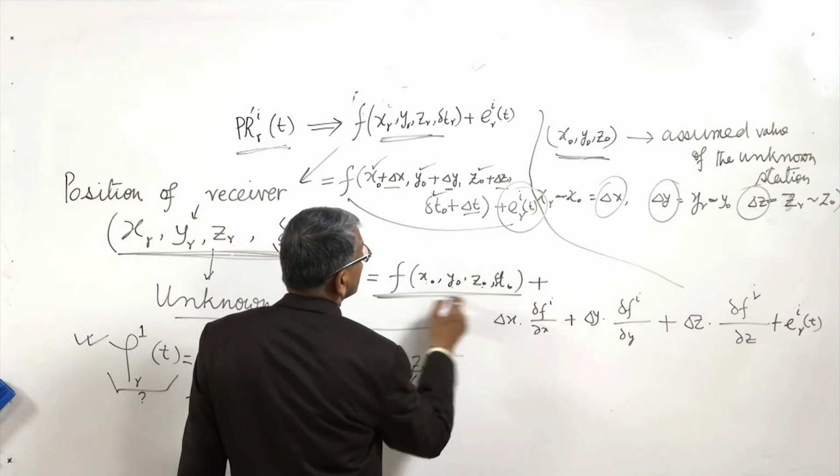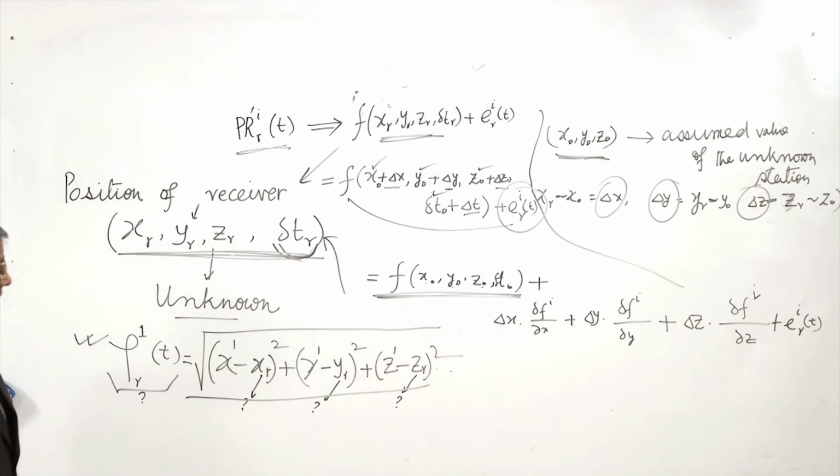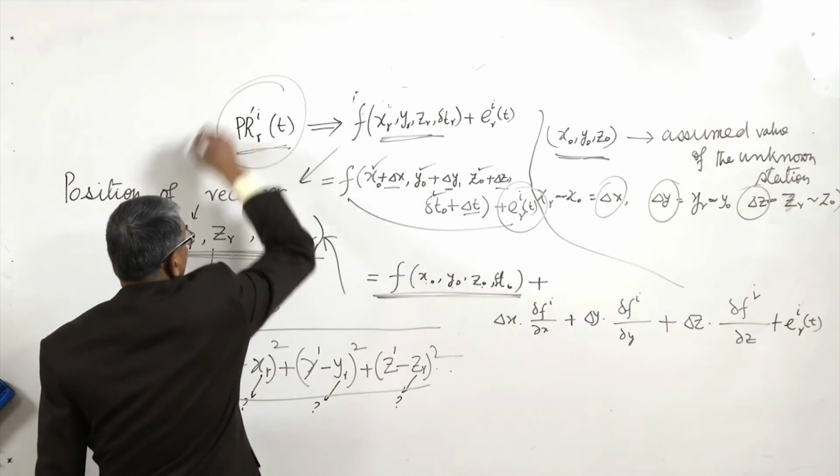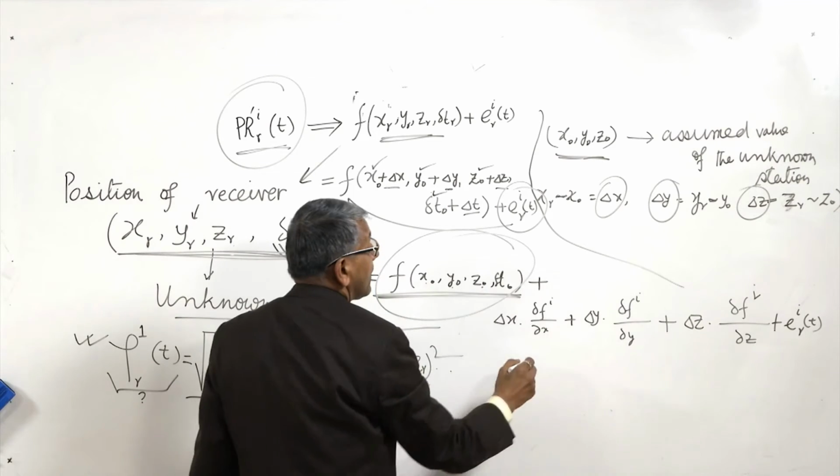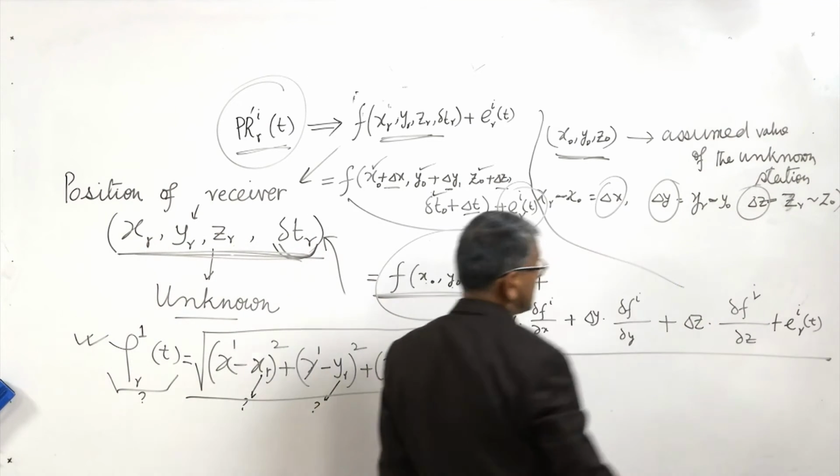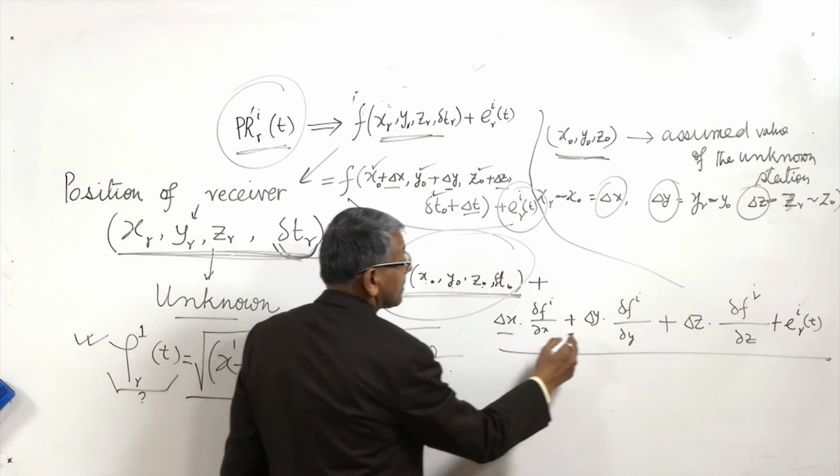This can be computed and is known, and this is the thing which is unknown, where del x, del y is unknown.